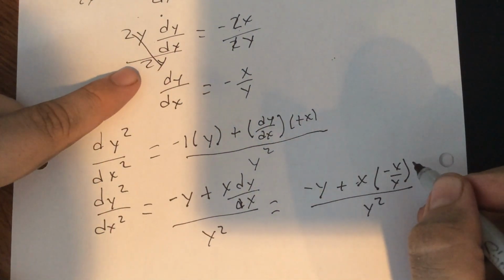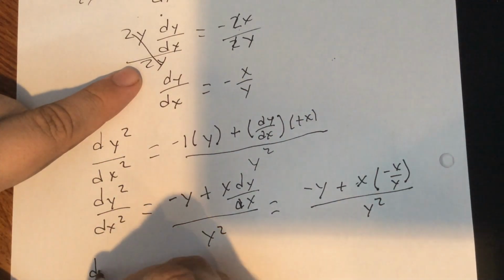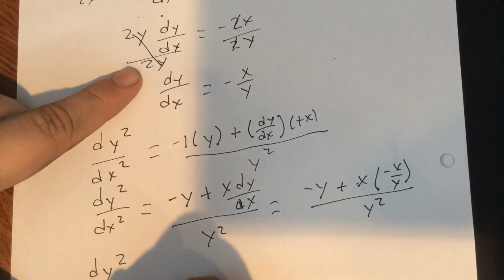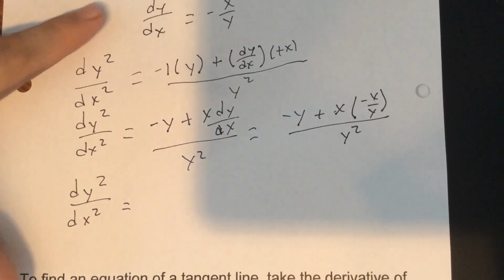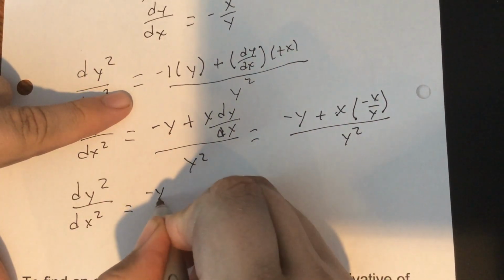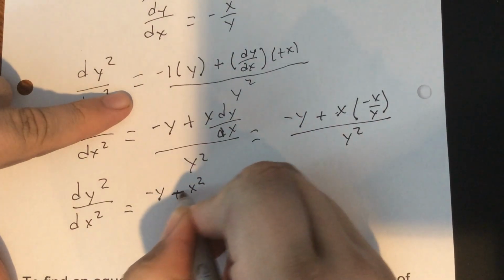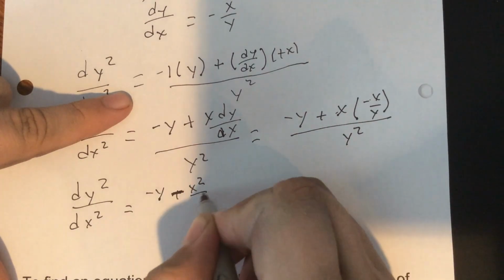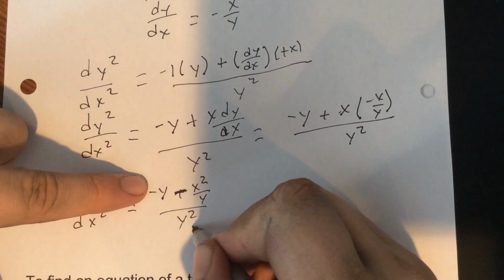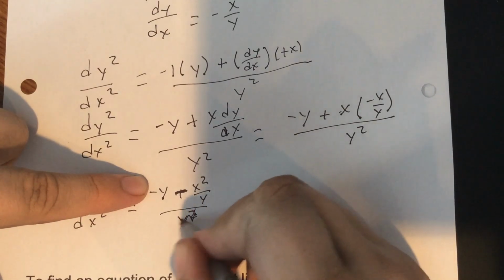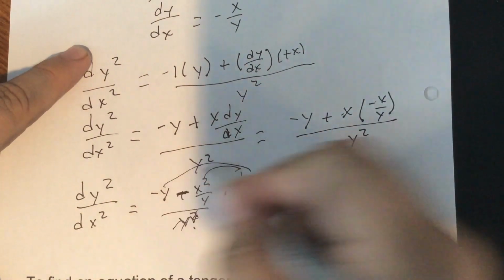The x's we can put together, and we can rewrite this. So d squared y over dx squared, we would have negative y minus x squared over y, all over y squared. Actually, that minus there would make it a minus there. And then we can keep, change, flip, and this is going to become times 1 over y squared, and this will get distributed in.